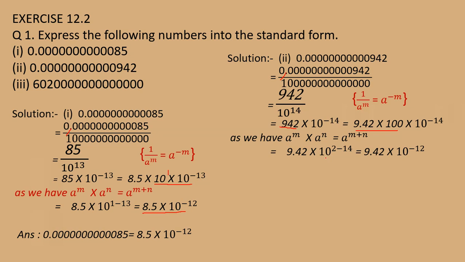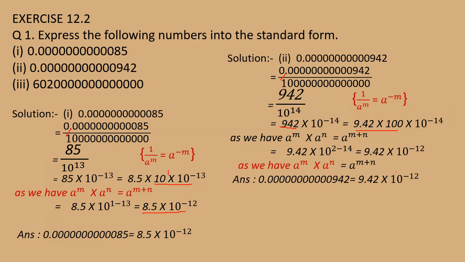So 9.42 into 10 raised to the power 2 minus 14; 2 minus 14 is minus 12. So we get 9.42 into 10 raised to the power minus 12, which equals 0.00000000000942.